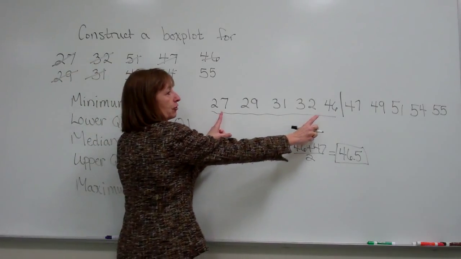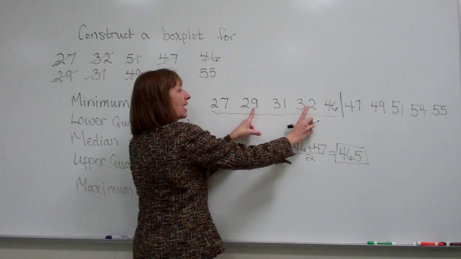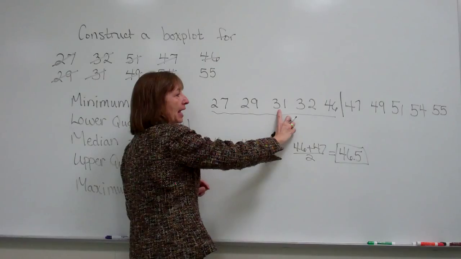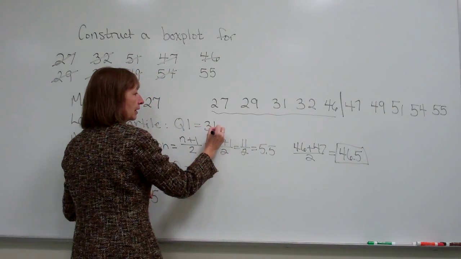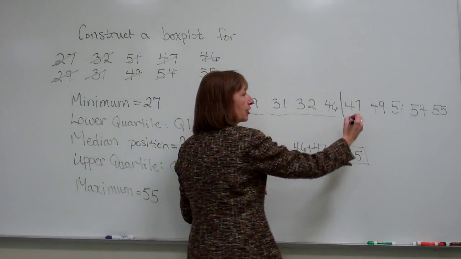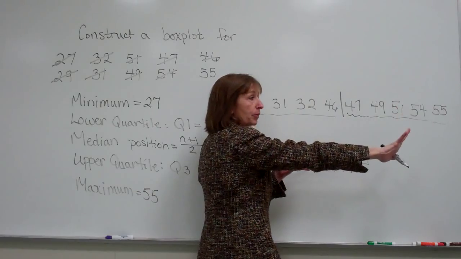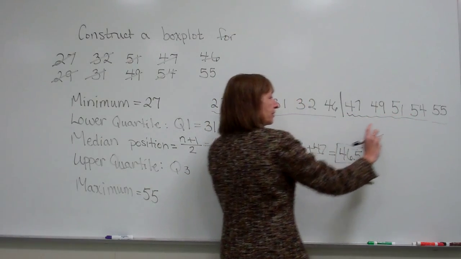Here I can visually see that if I look at the number that sits in the middle of the data values, marking it out from the ends, I get my Q1 is 31. And then the Q3 is the data value that sits in the middle of the upper data set, the median of the upper part. So here we'll get that value is 51.